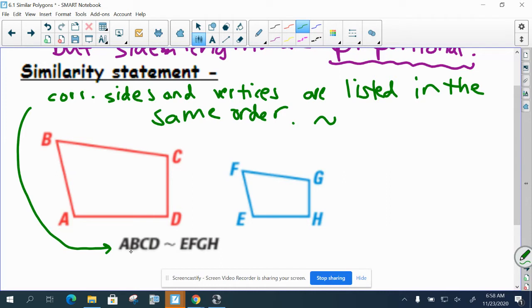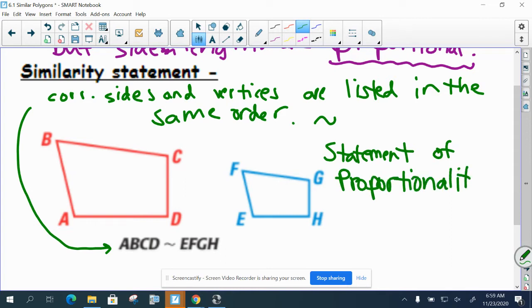So all of the congruent vertices are listed in the same order. You could also then go to say that, well, statement of proportionality is another term that you're going to see. So write that down, statement of proportionality is where you write the proportional sides equal to each other.